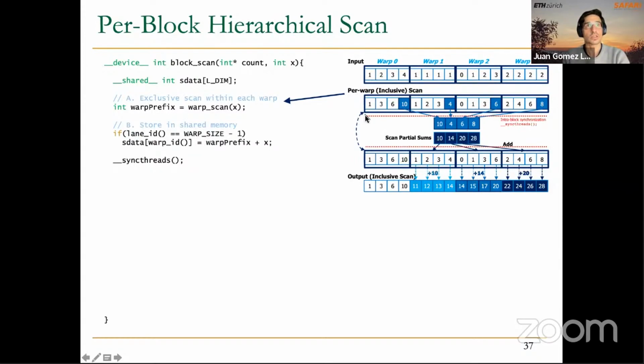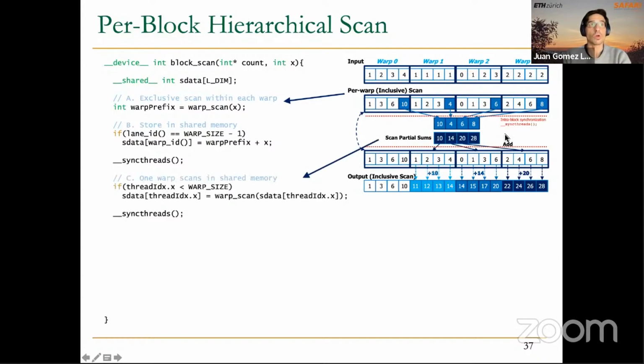Then we synchronize. This is this intra-block synchronization that you see in the figure. And then we only need a single warp to perform this scan of partial sums. And in this case, we are using warp 0, so all threads with a thread ID lower than 32.